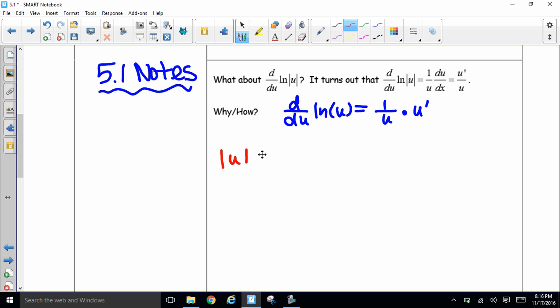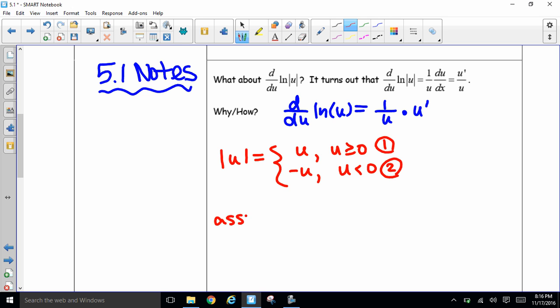The absolute value of u equals u if u is greater than or equal to 0, and it equals negative u if u is less than 0. So that splits us into two scenarios.